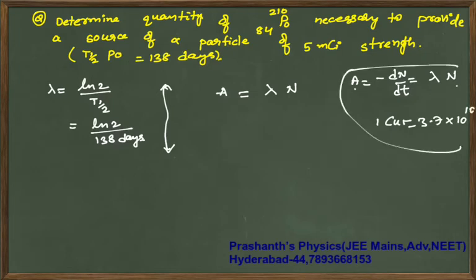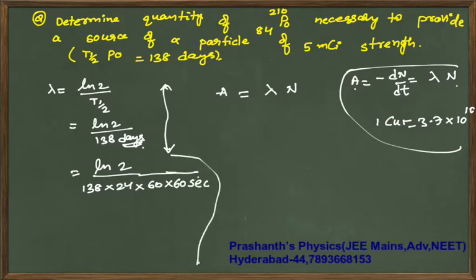So everything should be expressed in disintegration per second. Here you have days, so you have to convert these days into seconds. So this is ln 2 by 138 into 24 hours into 60 minutes into 60 seconds, because in disintegration per second we have seconds. 1 curie is 10 power 10 dps.